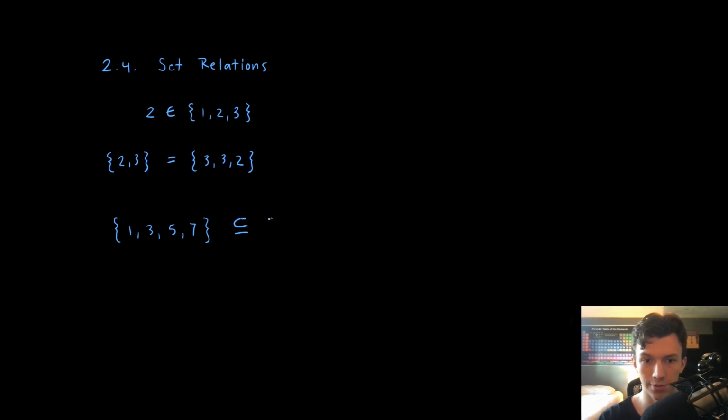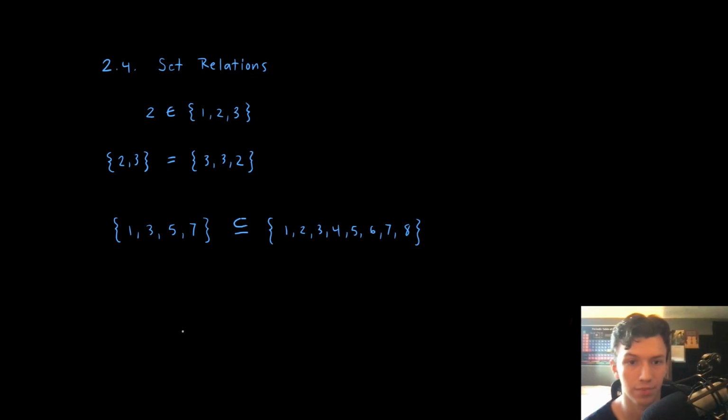That's what we use for sets. So {1, 3, 5, 7} is a subset of {1, 2, 3, 4, 5}. I have a larger set over here, and it includes all of the elements that are in this smaller set over here. So the smaller set is a subset of the larger set. That's what it means.